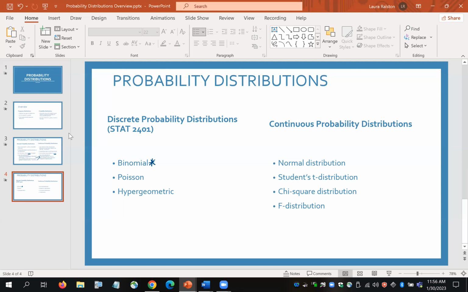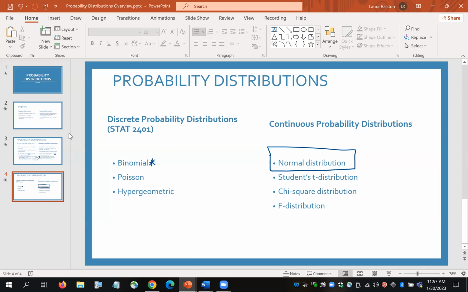For continuous probability distributions, we're going to talk about a variety of them throughout the semester. The most important of those is the normal distribution. And one of the reasons I decided not to talk about the binomial or the Poisson is that we can use the normal to approximate these others.